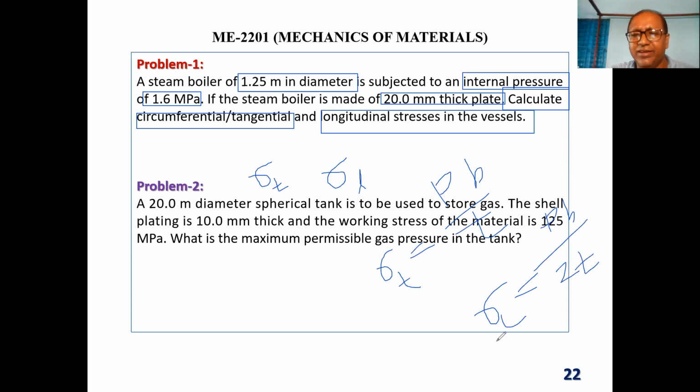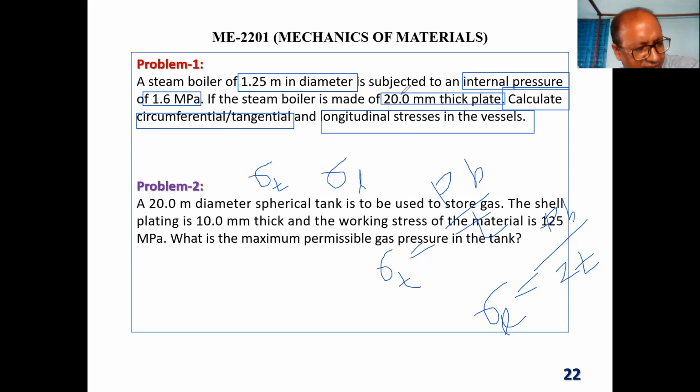So sigma L is half of sigma T. P is given as 1.6 megapascal, so convert to 10 to the power 6 Pascal. The diameter is 1.2 meter, and the wall thickness is given as 20 millimeter, so you can directly put it over here. Obviously, convert thickness to meters. Then you put in the formula and you'll get Newton per meter square as the unit of pressure.